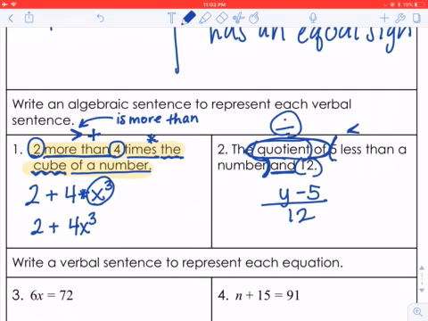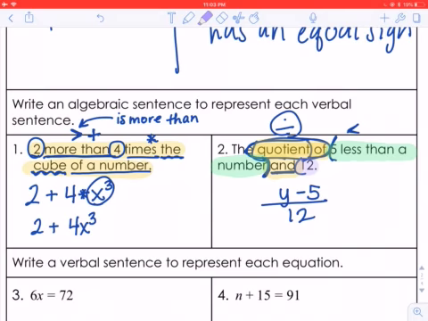So if I'm thinking about this in pieces, I see the quotient of, the quotient of an and. Those things are going to go together. And then I have my first part, which is 5 less than a number, and my second part, which is 12. Right, so that tells me where the division sign goes, what goes on top, and what goes on bottom. Right? So that's writing an algebraic sentence to represent the verbal sentence.